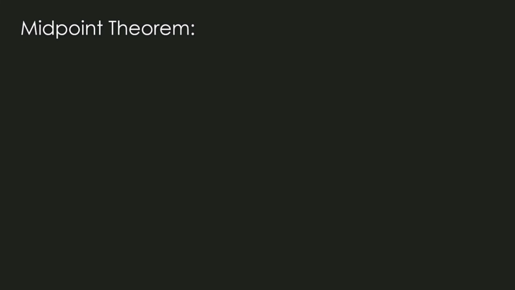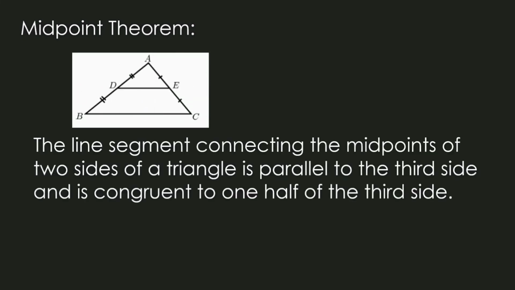Midpoint Theorem. The line segment connecting the midpoints of two sides of a triangle is parallel to the third side and is congruent to 1/2 of the third side. So, itong midpoint theorem ay katulad na rin siya, or it is also the midline theorem. So, this is the midline of our triangle ABC.